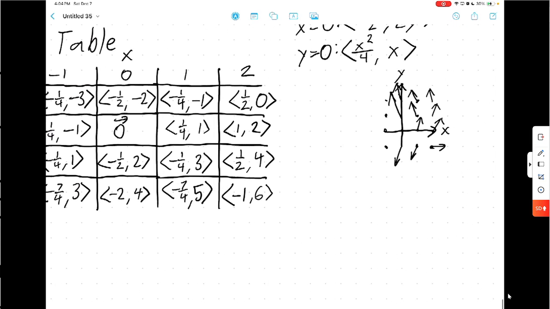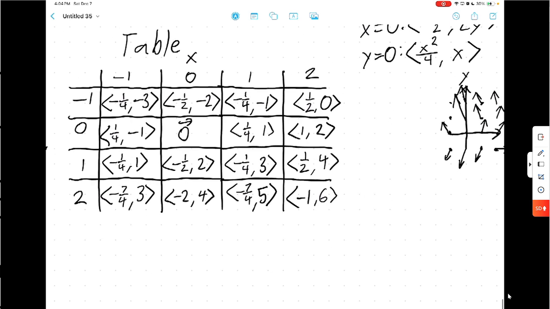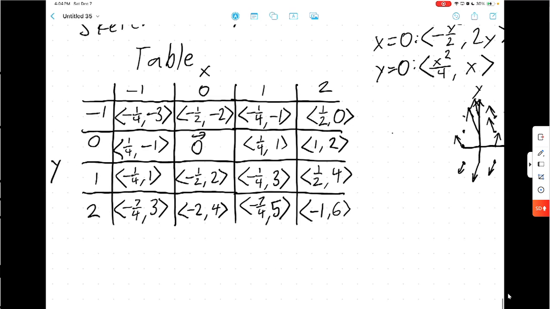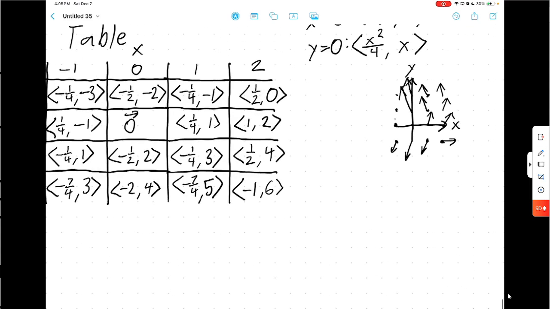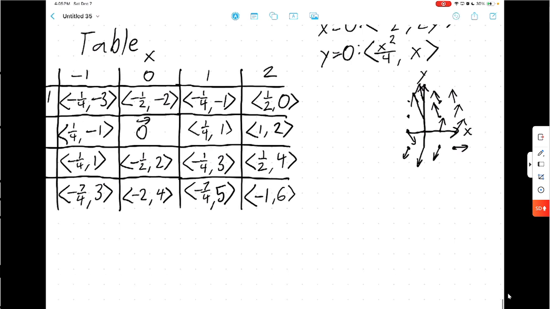Negative 1, negative 1, negative 1/4, negative 3, 3, positive 1/4, negative 1. 1 and 1, we get back to negative 1/4. Negative 1/4 is going to be to the left and up. 1/4 is going to be up, and it's going to be down to the right, and this is going to be up, down and to the right.